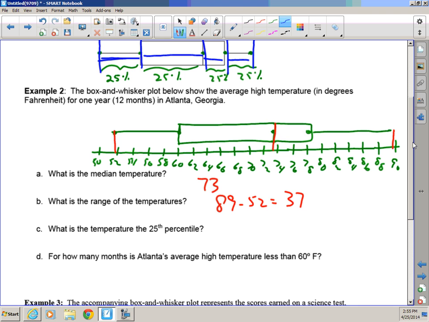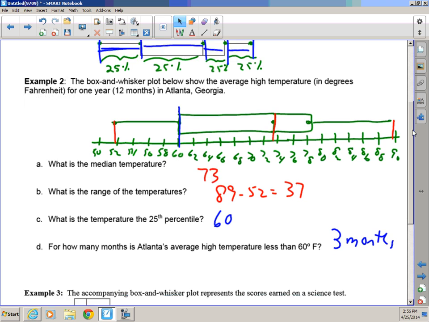What is the temperature at the 25th percentile? 25th percentile is Q1, so it's 60. For how many months is Atlanta's average temperature less than 60 degrees? Well, if it's a 25th percentile, that's 1/4 of the year, or 3 months. Okay?